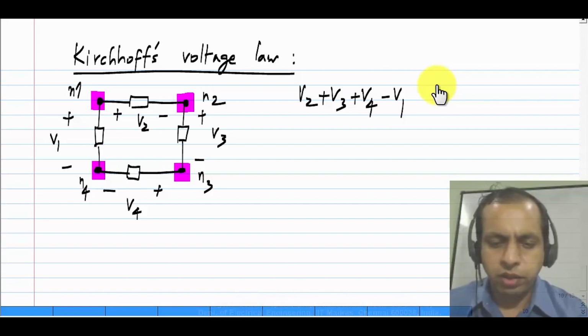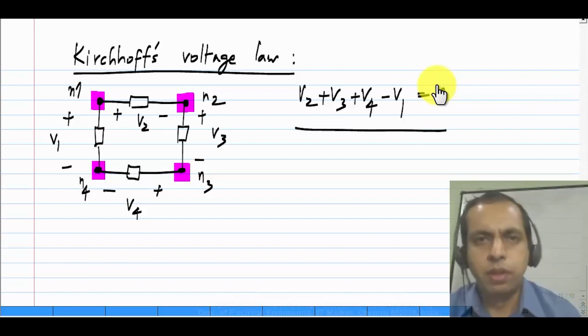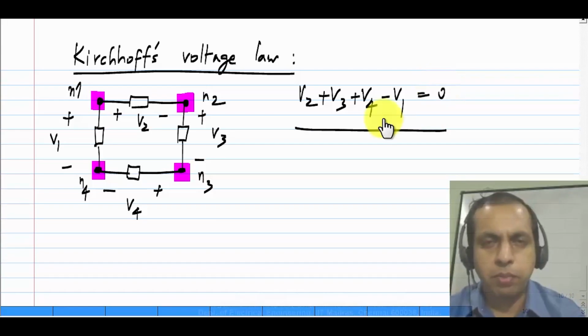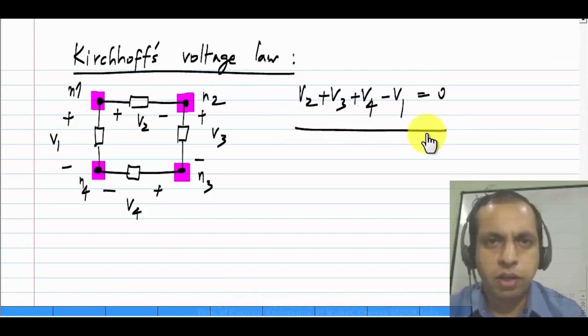So, what Kirchhoff's voltage law says is that this is equal to 0. That is, you go around the loop and sum all the voltages in a consistent direction. You take either rise or fall, the sum will be equal to 0.